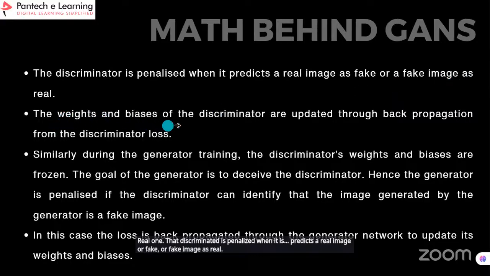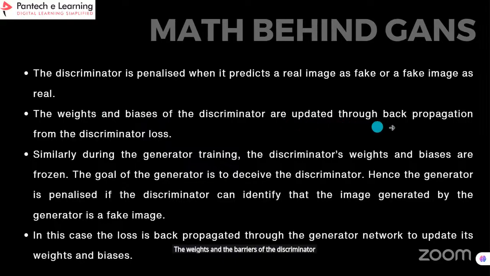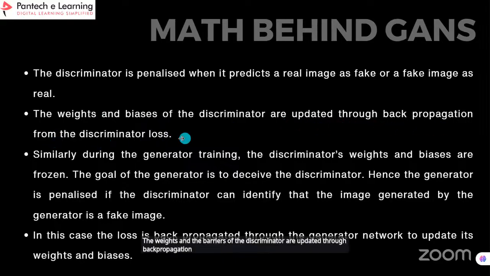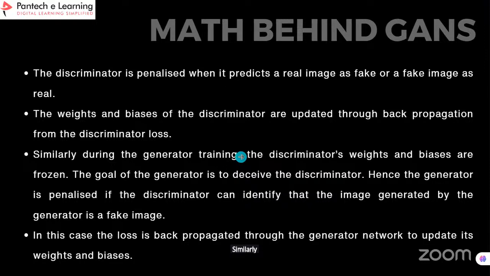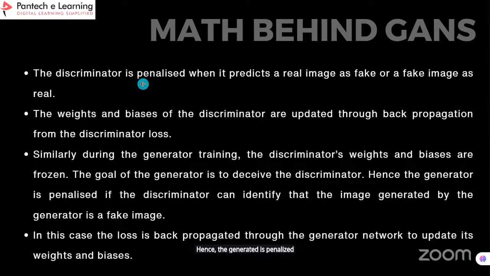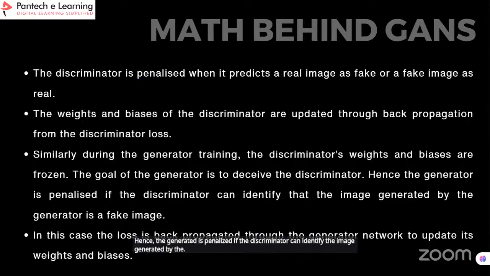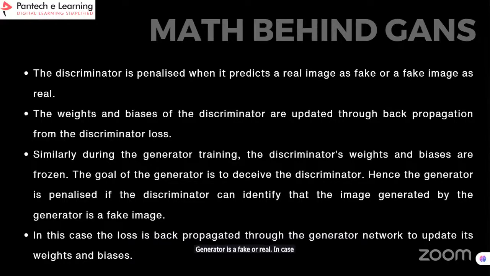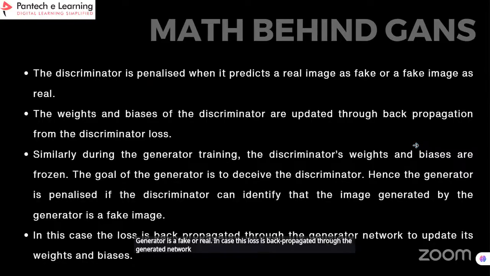The weights and biases of the discriminator are updated through backpropagation from the discriminator loss. Similarly, during the generator training, the discriminator's weights and biases are frozen. The goal of the generator is to deceive the discriminator. Hence, the generator is penalized if the discriminator can identify the image generated by the generator as fake. This loss is backpropagated through the generator network to update its weights and biases.